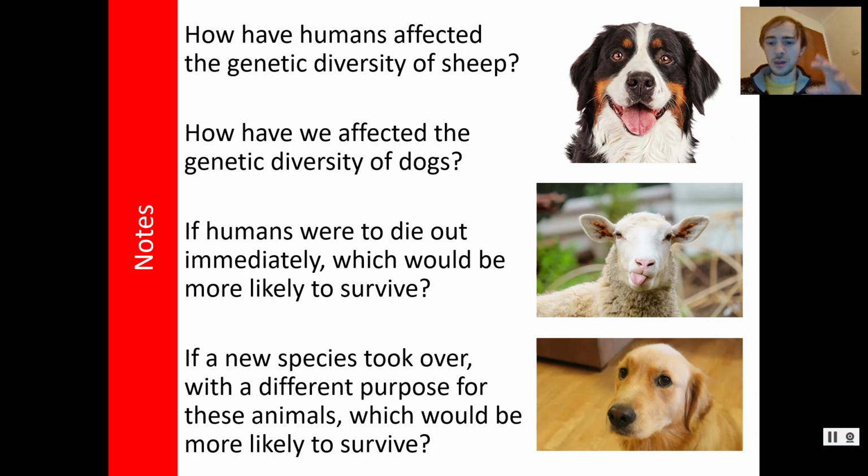And so there would have been a lot of different alleles, some for less wool, some for more wool, some for thick wool and thin wool and different kinds of wool, and we have bred out all but the ones that are useful for us to make our clothes with. And so what we've done is we've deliberately removed whole varieties of alleles from this population.